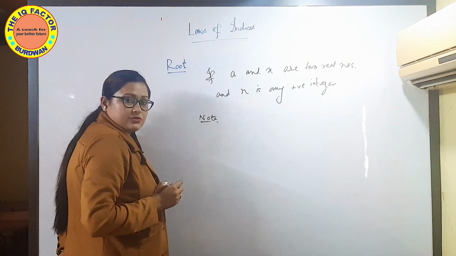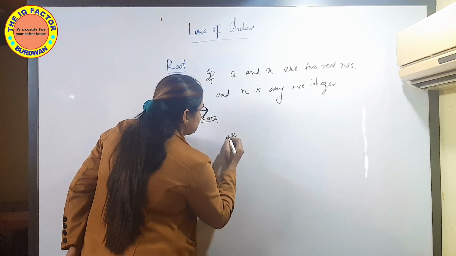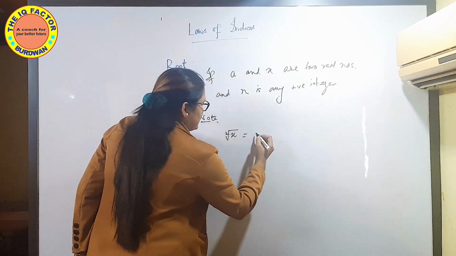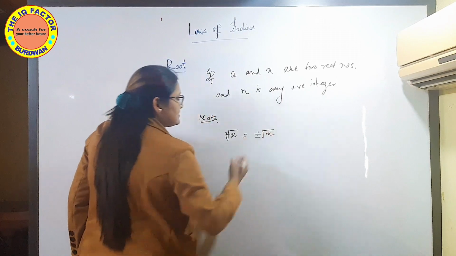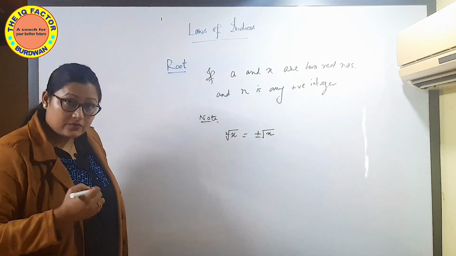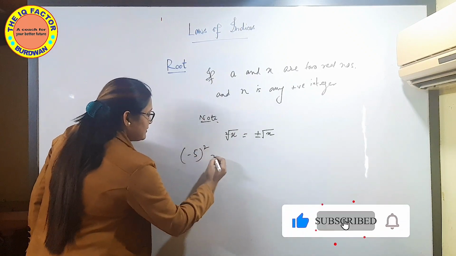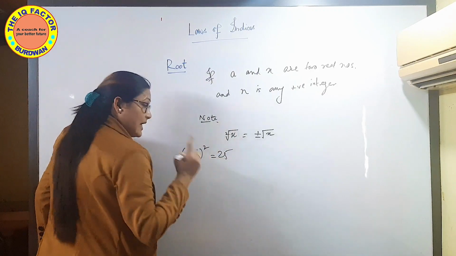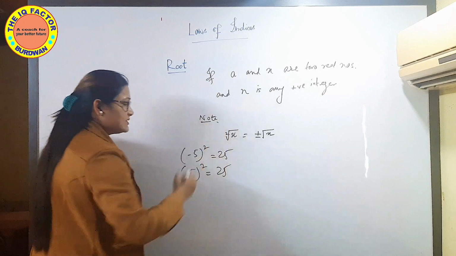We know square root. What is square root? It is plus minus root x. Why? For example, minus 5 square is 25 as well as plus 5 square is 25.